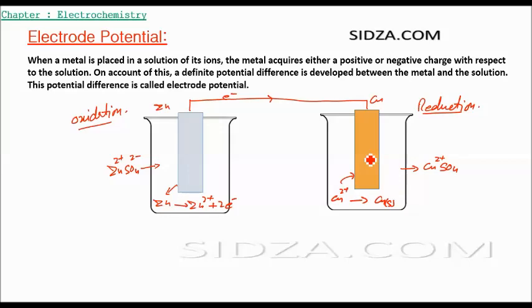In comparison, copper has a high tendency to gain electrons than zinc.